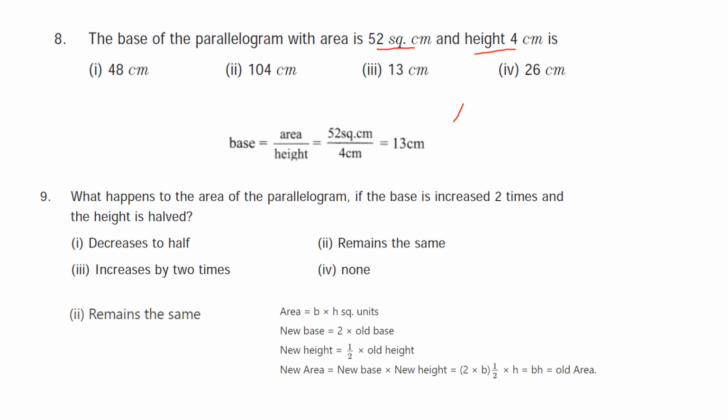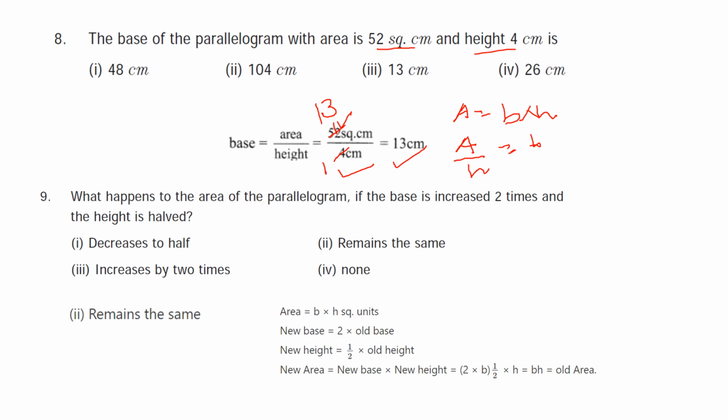So area equals B into H. So you keep B on the right hand side, write the area, and H will come to divide. So area by H, area 52, height is 4. 1 4 is 4, remaining 1 2, 3 4s are 12. Therefore base is 13 centimeter.